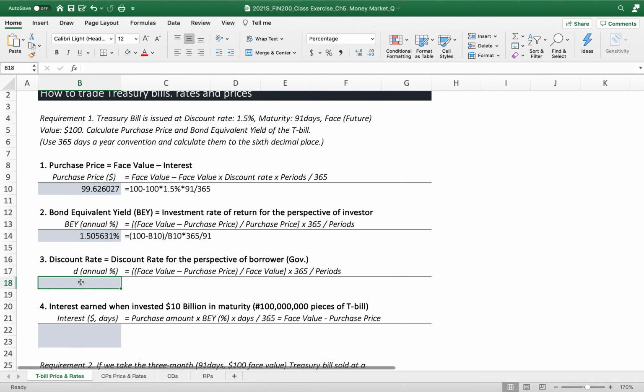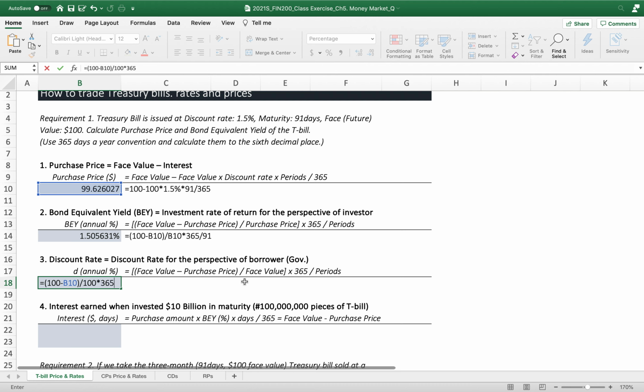So the same way we use 100, the face value. Now the purchase price we calculated there, and then divided by not purchase price. You have to keep it in mind. Not purchase price. Again, discount rate we calculated is for the perspective of borrowers. So the face value should be applied here.